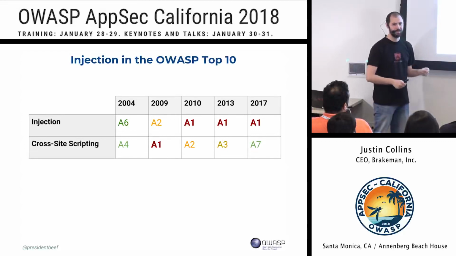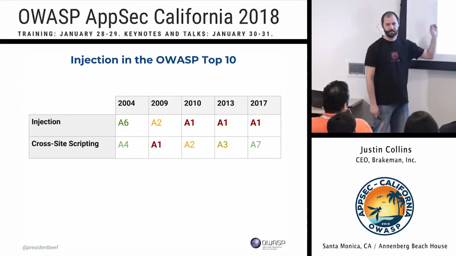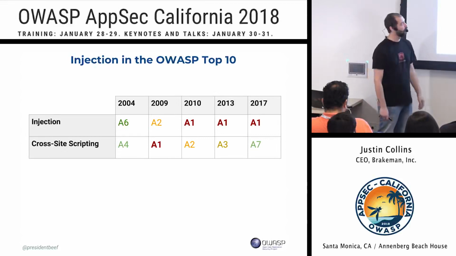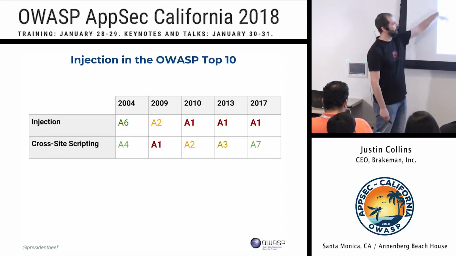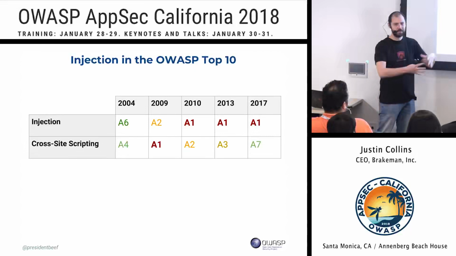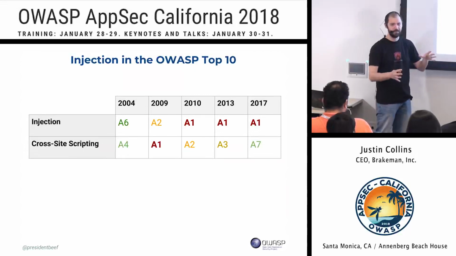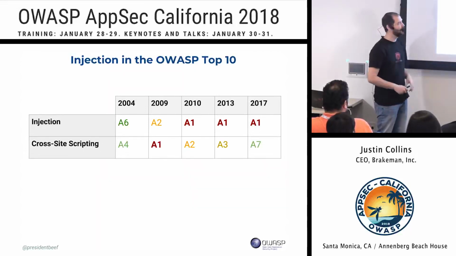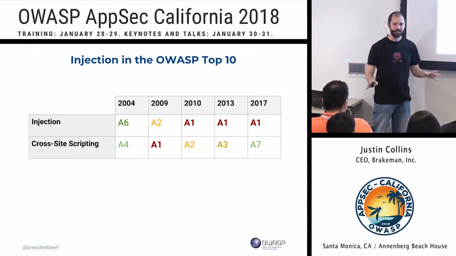So again, SQL injection, been known since 1998. It's been at the top of the OWASP top 10 for about 8 years. And then cross-site scripting has bounced around. But you put those two together, that's a lot. That's 20% of the OWASP top 10 is essentially injection.